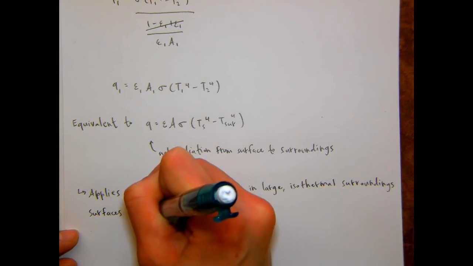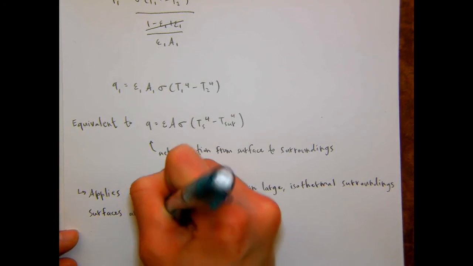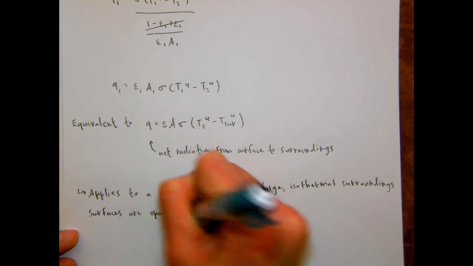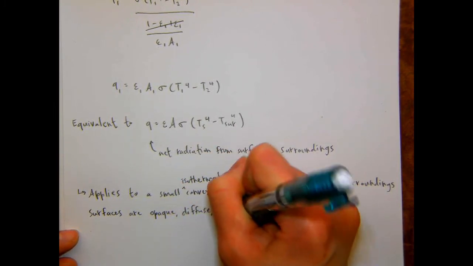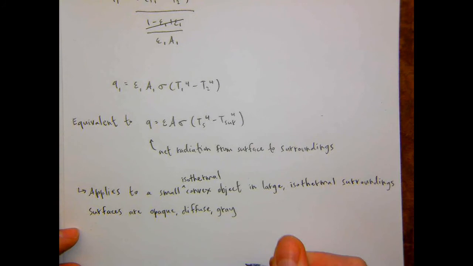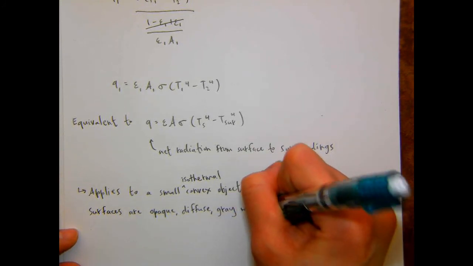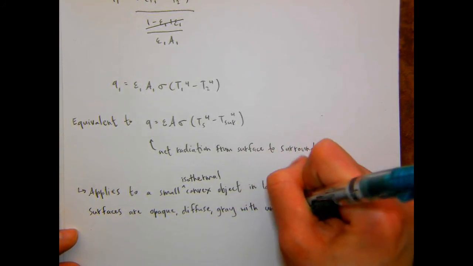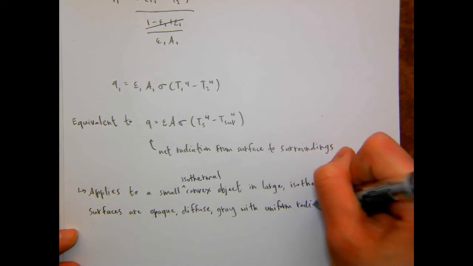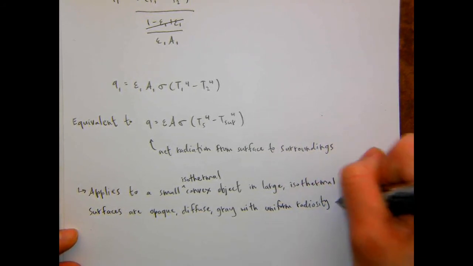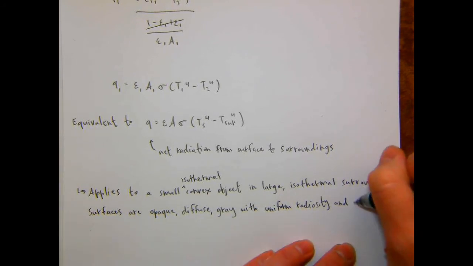The surfaces are opaque, diffuse, and gray, with uniform radiosity and irradiation.